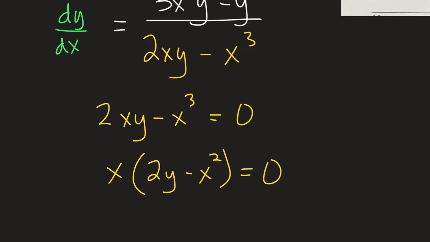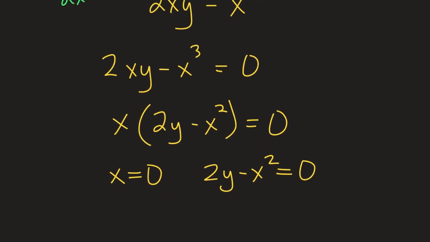So I'm going to once again use the zero product property. Either the first term x equals 0, or our second multiplier equals 0. This is how we solve anything. We want to factor it and set each of your factors equal to 0.